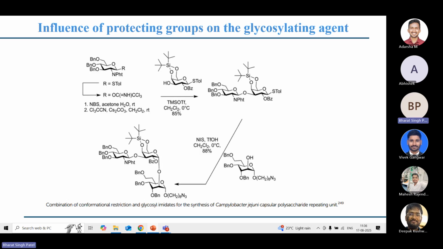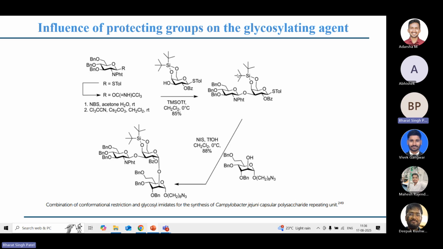If you see this example, the thioglycoside was converted into the imidate using NBS and trichloroacetonitrile, and that imidate, in the presence of another thioglycoside acceptor, gave the beta product, where here the C2 was phthalimide.